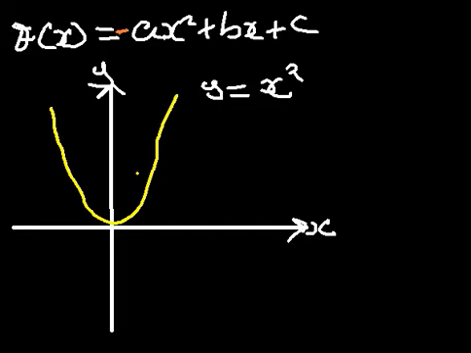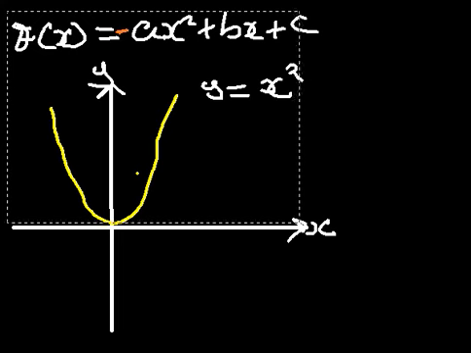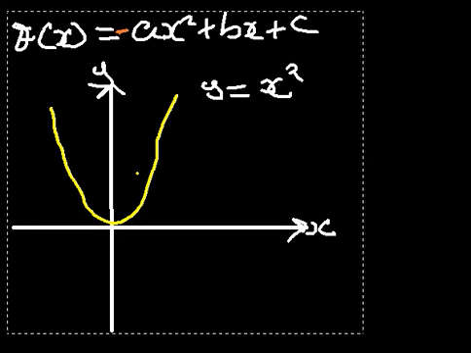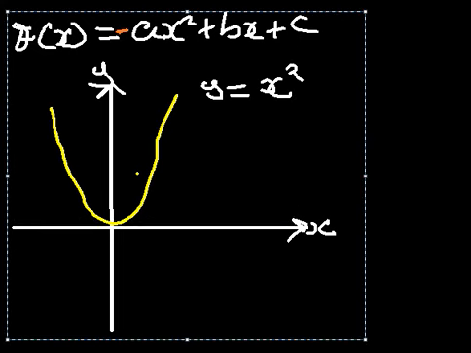So how should we sketch the quadratic function graph using the techniques of graph sketching? We talk of the translation determinants and also the reflection determinants.